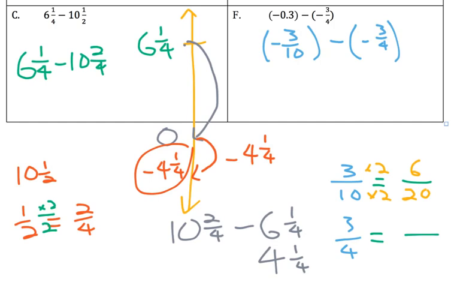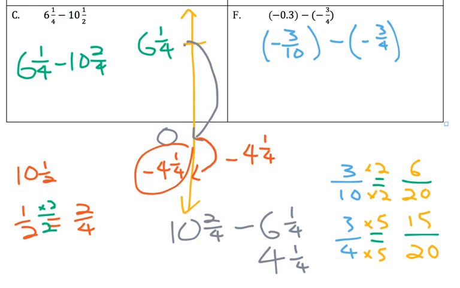So I'm making equivalent fractions out of 20. So for 3/10, I multiplied by 2 over 2 because that would give me 6/20. And for 3/4, I knew 4 times 5 was 20. So I did 3/4 times 5 over 5, and I got 15/20.